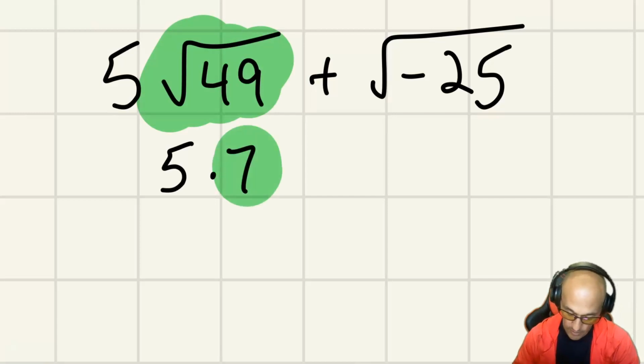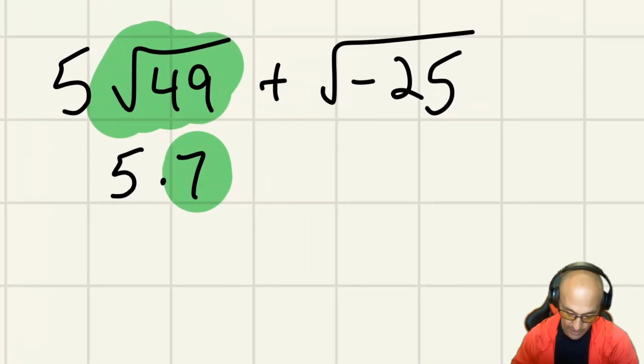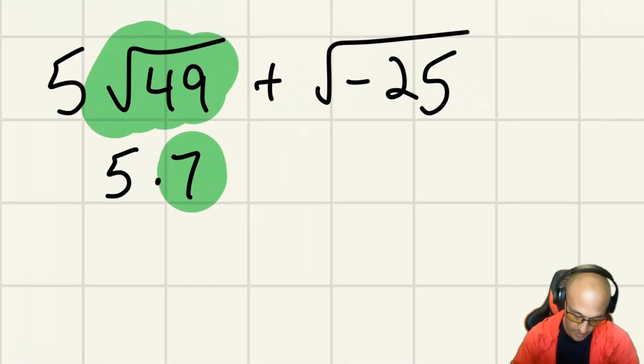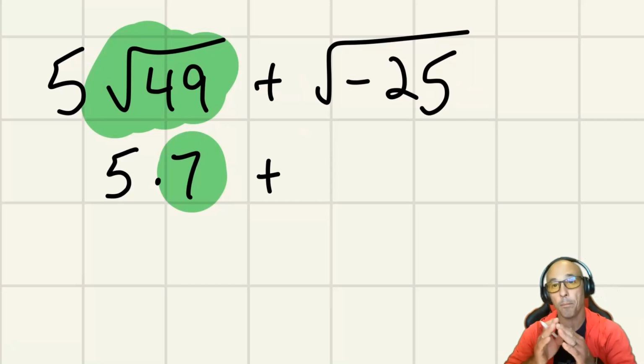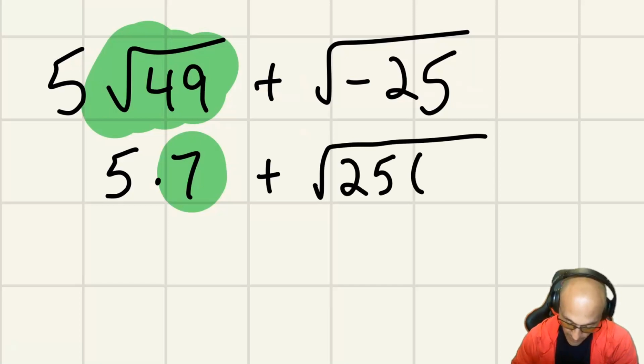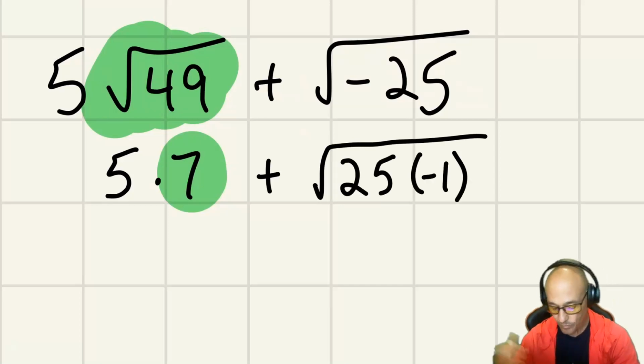Now, the next part that we're going to do, I'm going to try to make this as clear as possible when I'm talking about the square root of -25 here. I'm going to break it down into a few steps. First, underneath the square root, we could do 25 times -1.